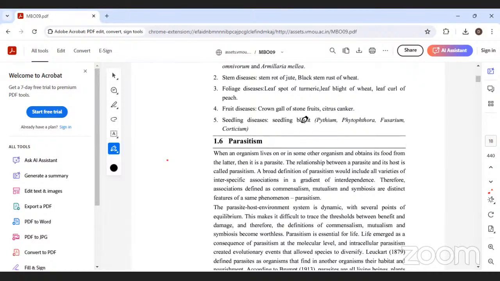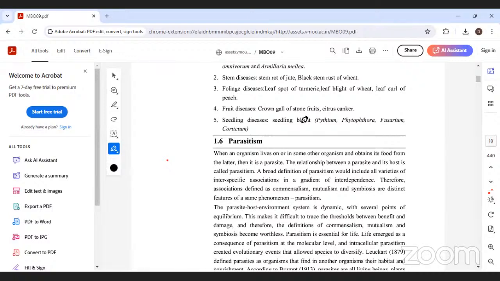What is parasitism? Parasite: when an organism lives on or in some other organism. Then what is the meaning and definition of parasitism?